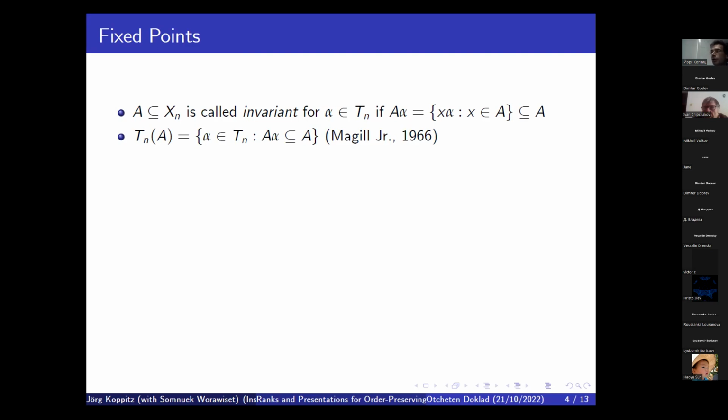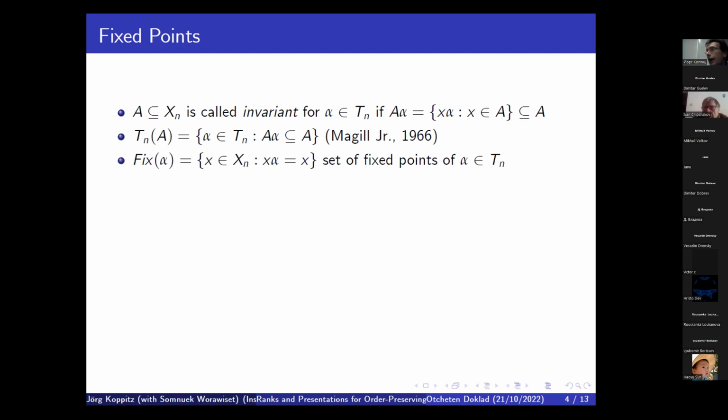The set A of 1 up to n is called invariant if the image set of A lies in the same set A. All the transformations such that, for a given set A, the image is every time in the set A together form a semigroup, which was considered firstly more than 50 years ago by McGill Jr. This is denoted by Tn(A).